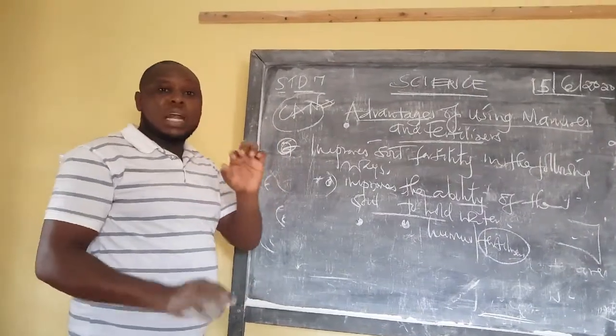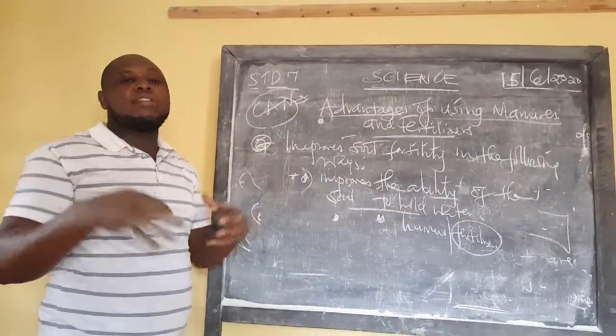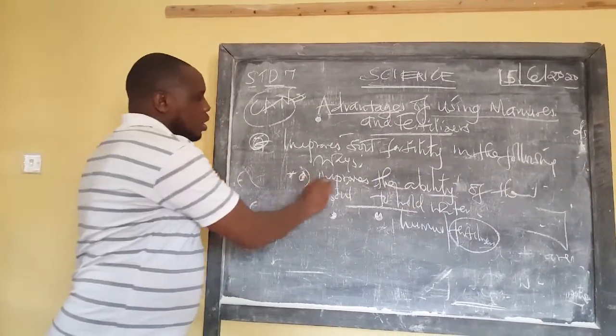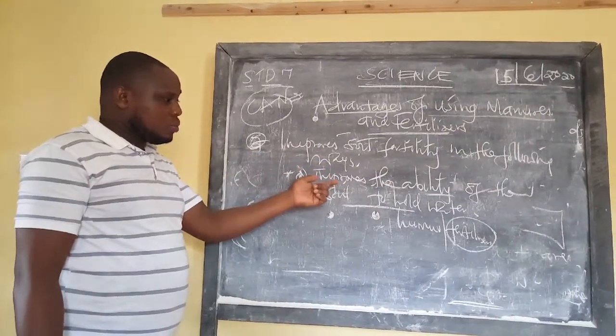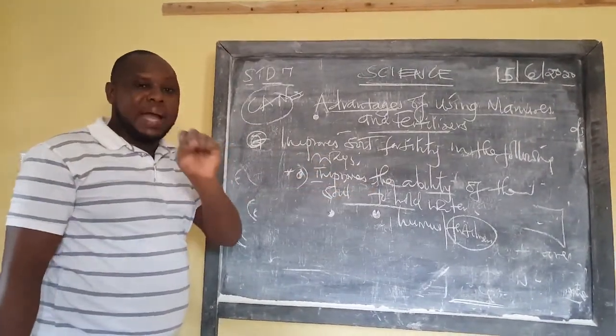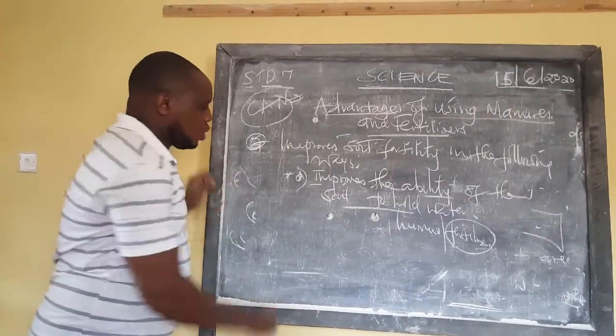Sand soil has bigger spaces, meaning that water will pass through because the soil particles are far apart. So manures and fertilizers improve fertility by binding soil particles together, and therefore that improves soil water holding capacity.